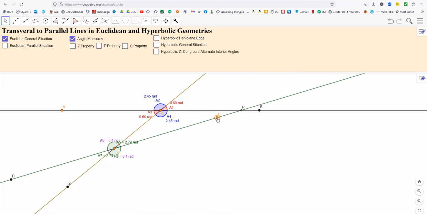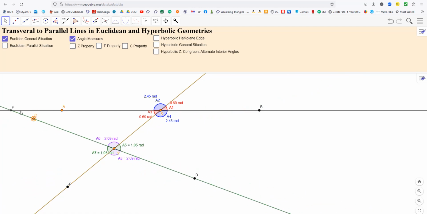If they meet on this side, it's the other way around: A3 is the exterior angle, A5 is the interior. On this side, where P is, A3 is an interior angle and A5 is an exterior angle. Either way you go, you have an exterior angle that's congruent to an interior angle. Again, they're not in this picture because it's impossible to draw. But that is an impossible situation because that contradicts the exterior angle theorem.